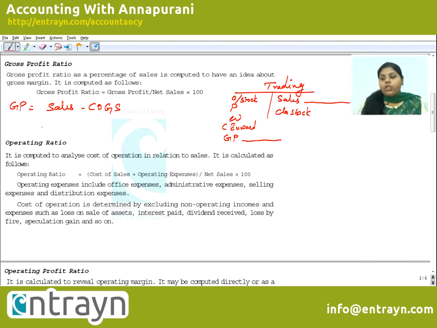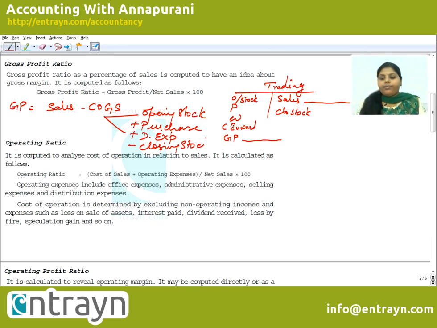So gross profit is sales minus cost of goods sold, and cost of goods sold further is opening stock plus purchases plus direct expenses minus closing stock.